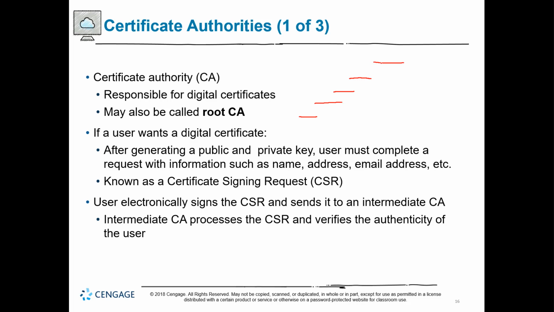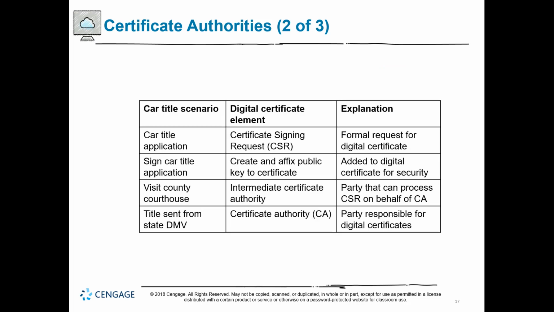So they have enough money to pay for their own certificate authority. But we essentially send our intermediate certificate authority our signing request. They go up the chain, they get approval, it comes back down the chain, and then we're allowed to be issued our certificates.